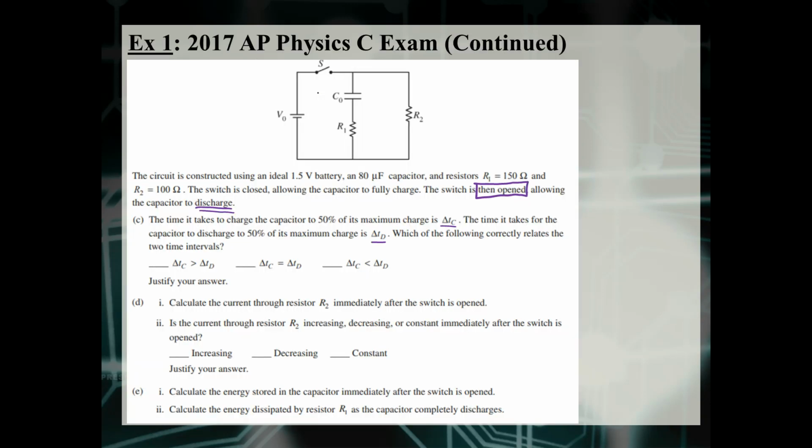Okay, so your time constant equation is tau is equal to your equivalent resistance, Req, times Ceq. And then we can just quickly summarize this. So we can say when the capacitor is charging, and we go back here, when the capacitor is charging and that switch is closed, R1 and R2 are parallel.